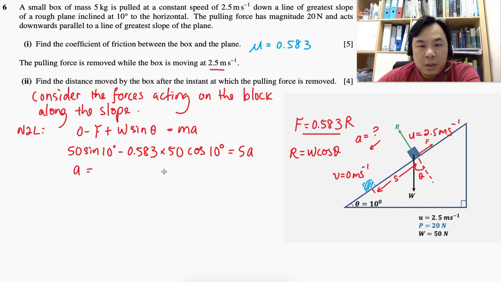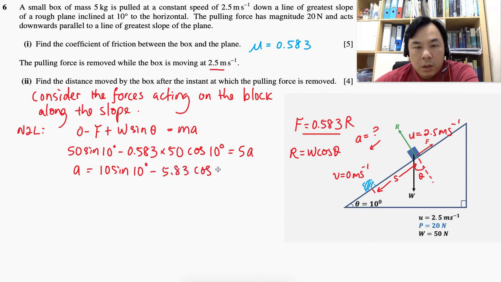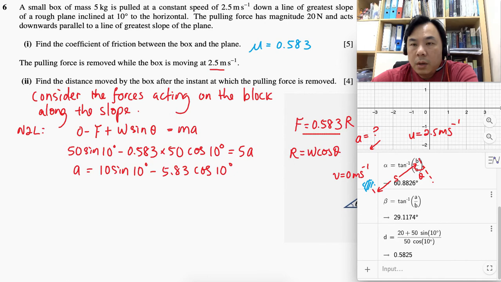So the acceleration will be 10 sine 10 degree minus 5.83 cosine 10 degree. Let me take out my calculator at this point.